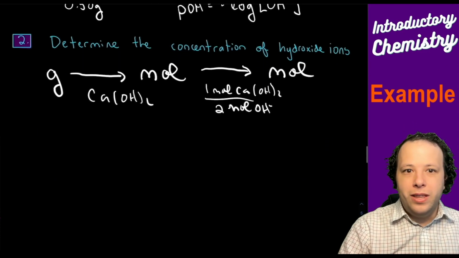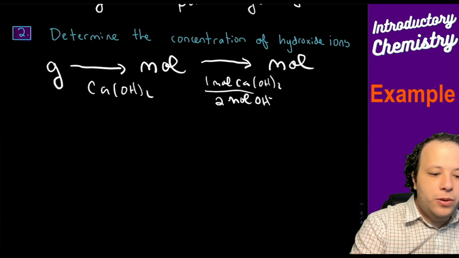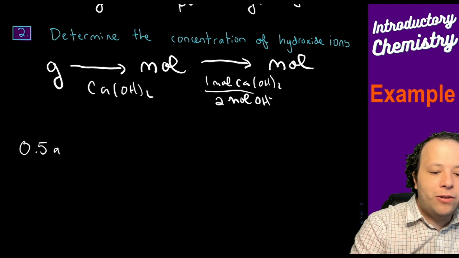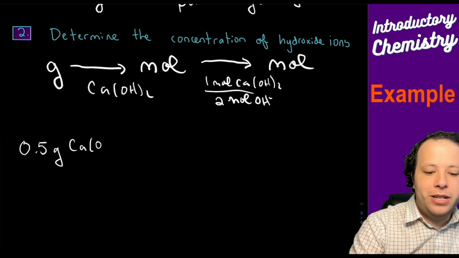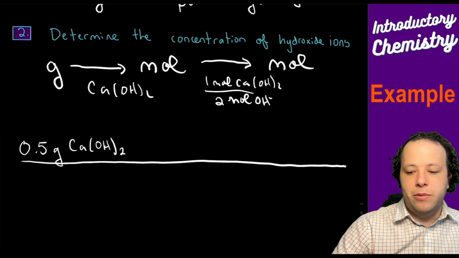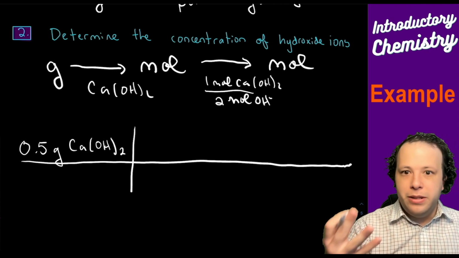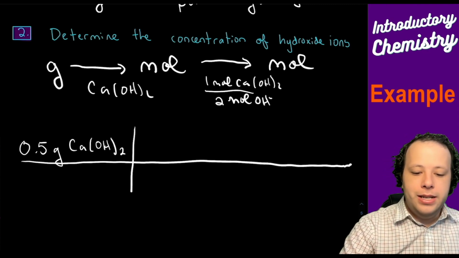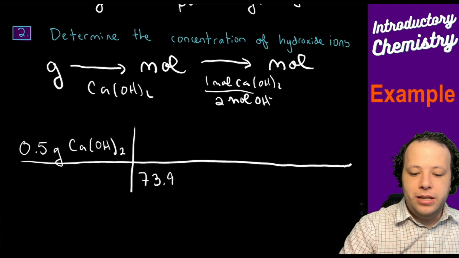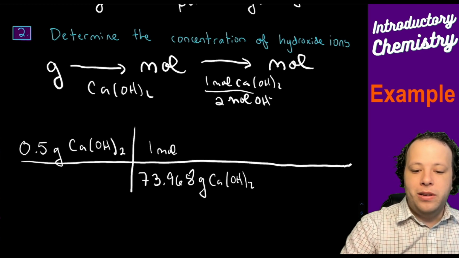So with that, we will determine the concentration. We started with 0.5 grams of calcium hydroxide. We need to multiply that by the molar mass. When you look up and calculate those values, it's 73.968 grams of calcium hydroxide per mole of calcium hydroxide.